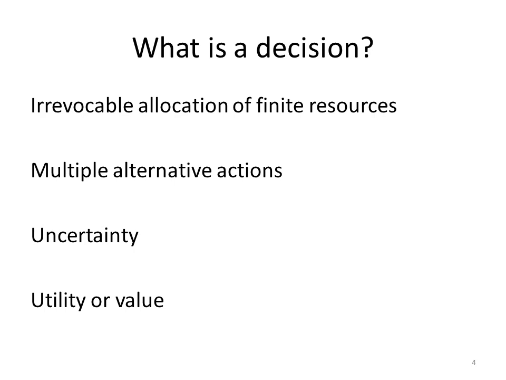In decision science, a decision is something where we have an irrevocable allocation of finite resources. The decision maker has multiple alternate actions to choose from. There's some underlying uncertainty, and therefore the future prospects are not known.